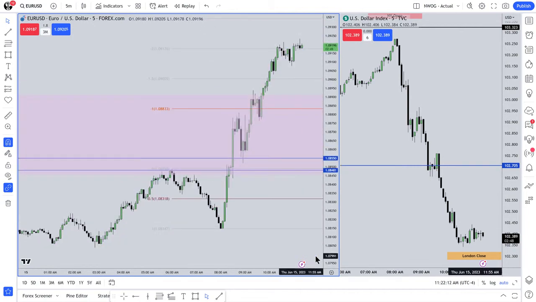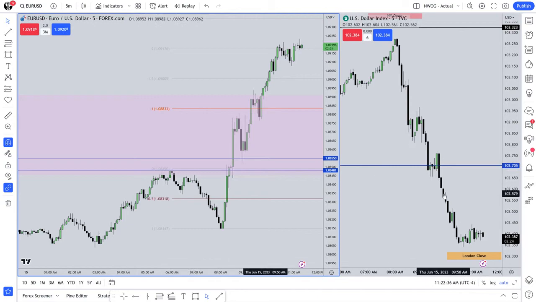Okay. So when I'm looking for SMT divergence, I've never really settled on the real name for it. It's a smart money technique or smart money tool. I use it interchangeably. It's just a matter of looking at the relationship between closely correlated assets or inversely correlated assets, meaning that euro dollar usually goes higher when dollar goes lower.